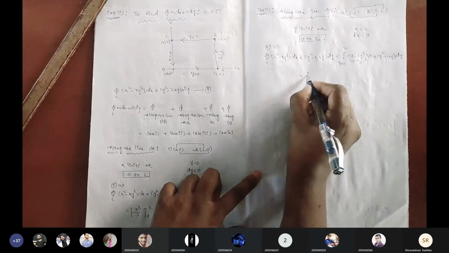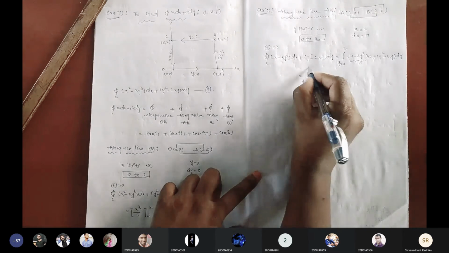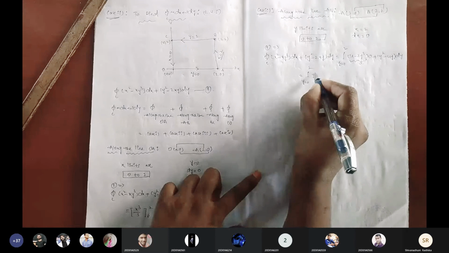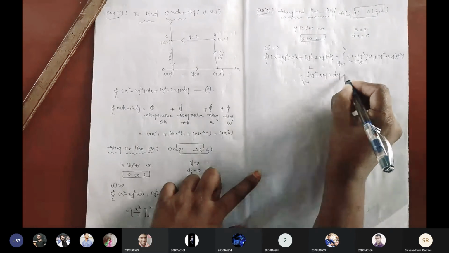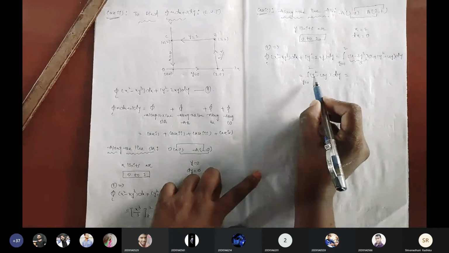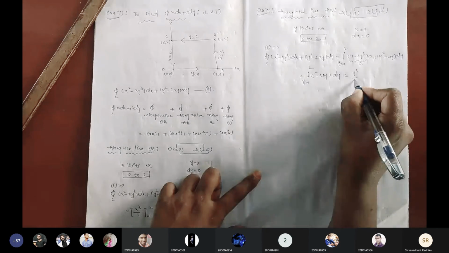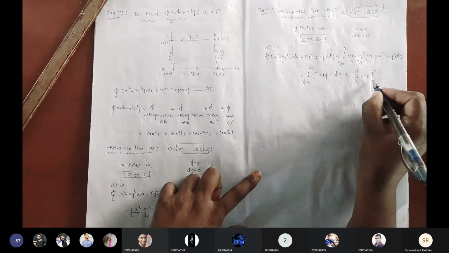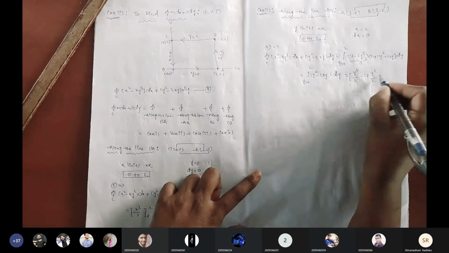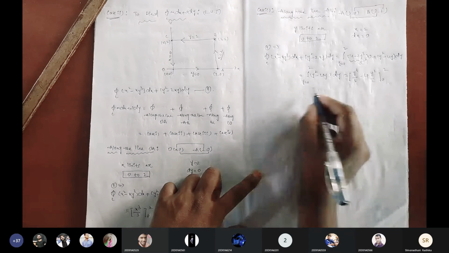What is the remaining here? Integration y equals 0 to 2 of (y square minus 4y) dy. So that equals the integration of y square, y cube by 3, minus 4 into the integration of y, so that is y square by 2, and the limits are 0 to 2.